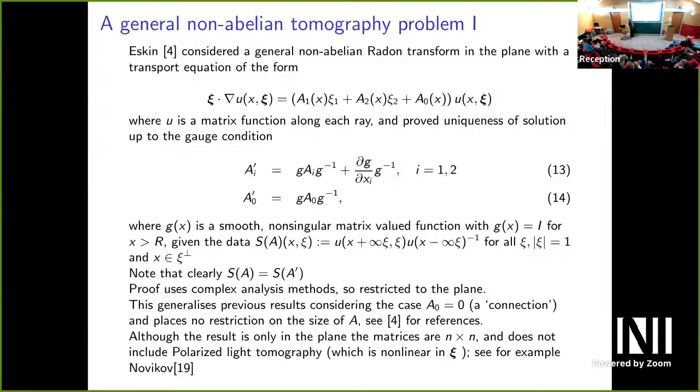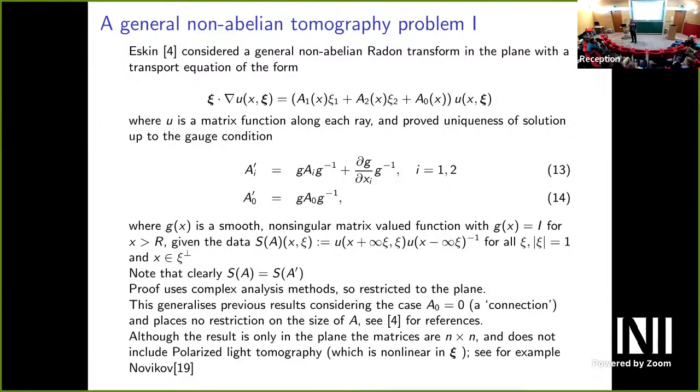Interestingly, for this problem he proves uniqueness of solution, but it's up to what he thinks of as a gauge condition. A1 dash and A0 dash give you the same data as the original ones, related by this matrix valued function G. It turns out, though, that it's very easy to see that if you know A1 and A2 are 0, then G has to be the identity as well.